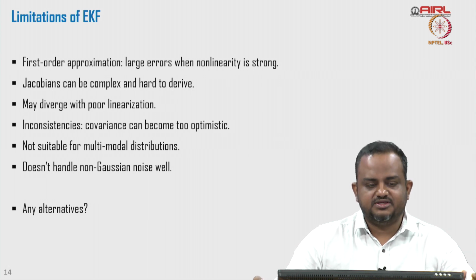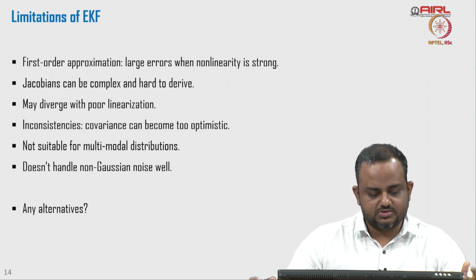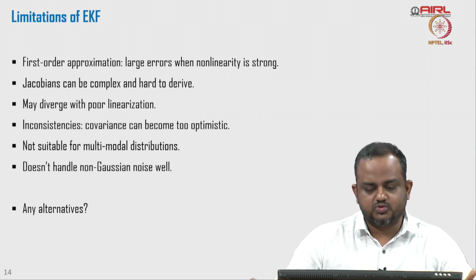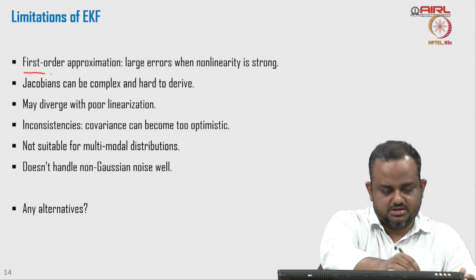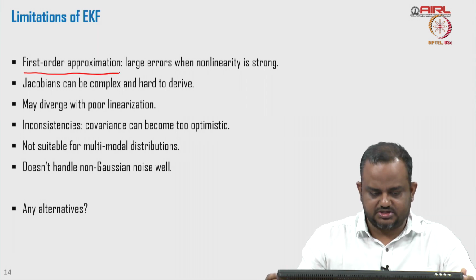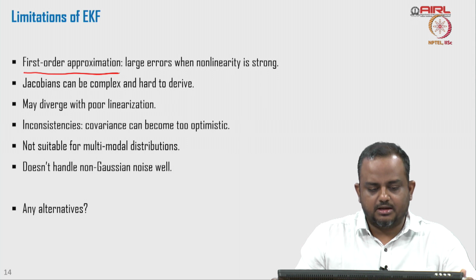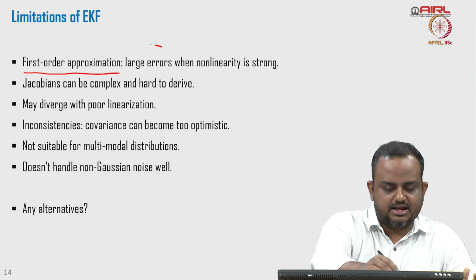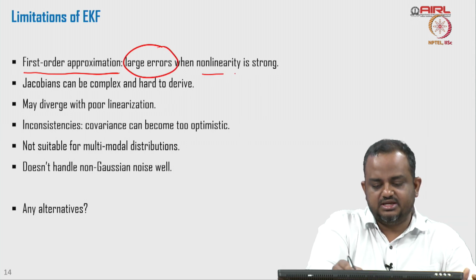But the problem is that EKF works well for certain systems where nonlinearity is moderate. First order approximation by Taylor series can give rise to some large errors when the nonlinearity is strong.